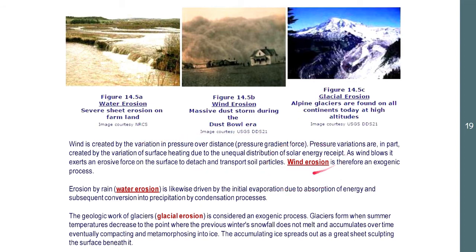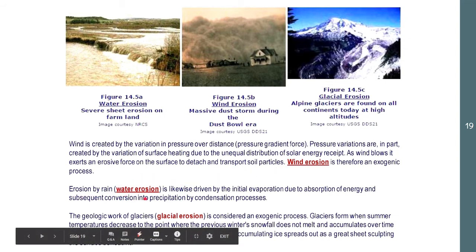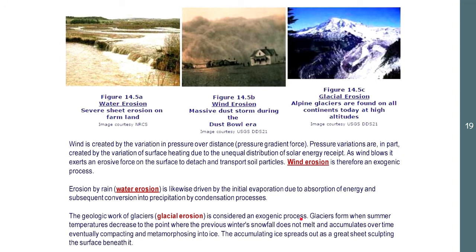Wind erosion is an exogenic process because as the wind blows, certain particles detach and it also transports those soil particles. Then erosion by rain, or water erosion, through the process of evaporation as part of the water cycle. And glacial erosion is still an example of an exogenic force, because when the temperature increases, the glaciers melt and travel downwards or downstream, taking with them those soil particles.